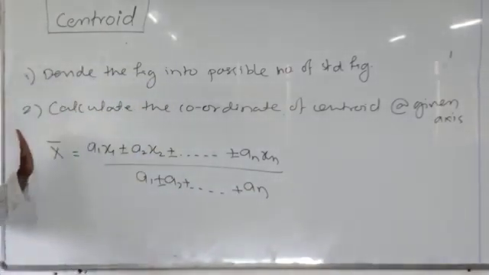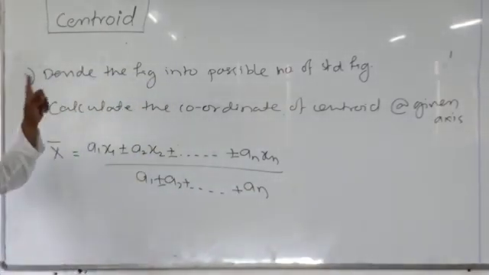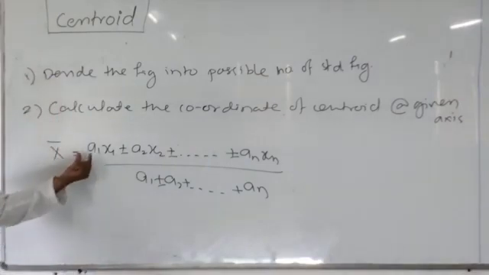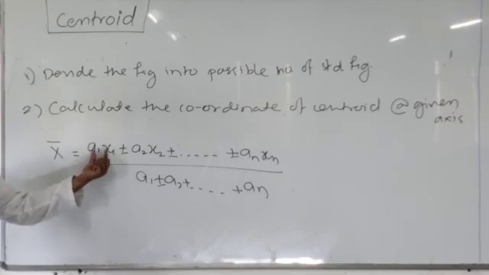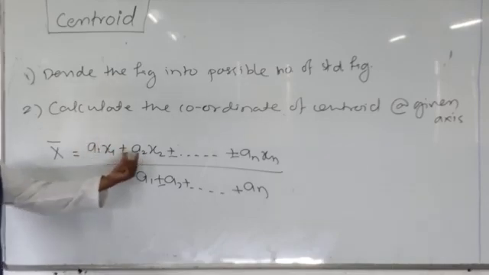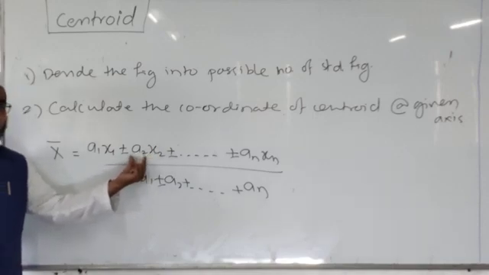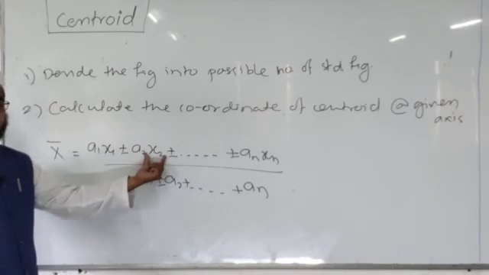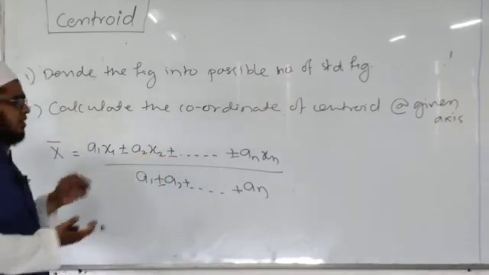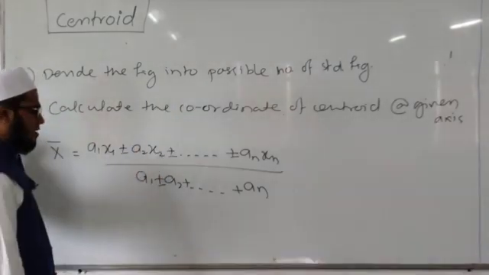This will give you the centroid of the irregular figure. A1 is the area of the first standard figure and x1 is the coordinate of the centroid of the first standard figure. Similarly, A2 is the area of the second figure, x2 is the x coordinate of the centroid of the second standard figure. If there are n number of figures, this formula will extend.